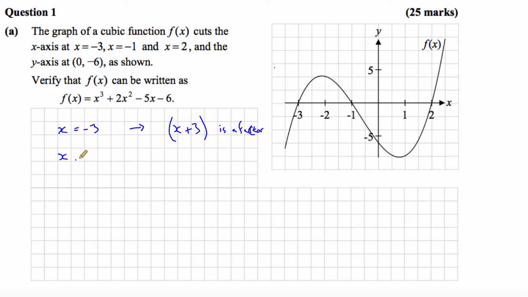If x equals minus 1 is one of the intercepts, we can see that x plus 1 is a factor. And if x equals 2 is an intercept, well then x minus 2 is a factor.